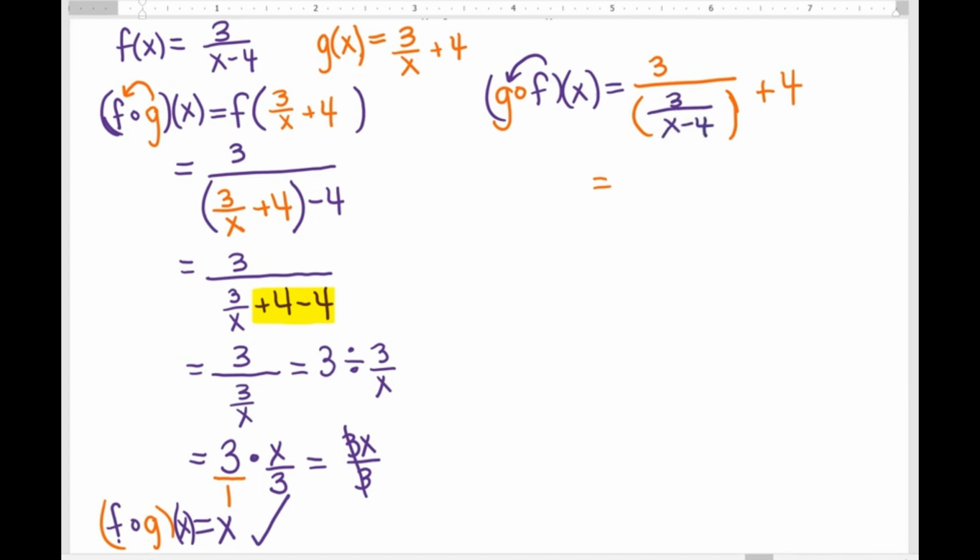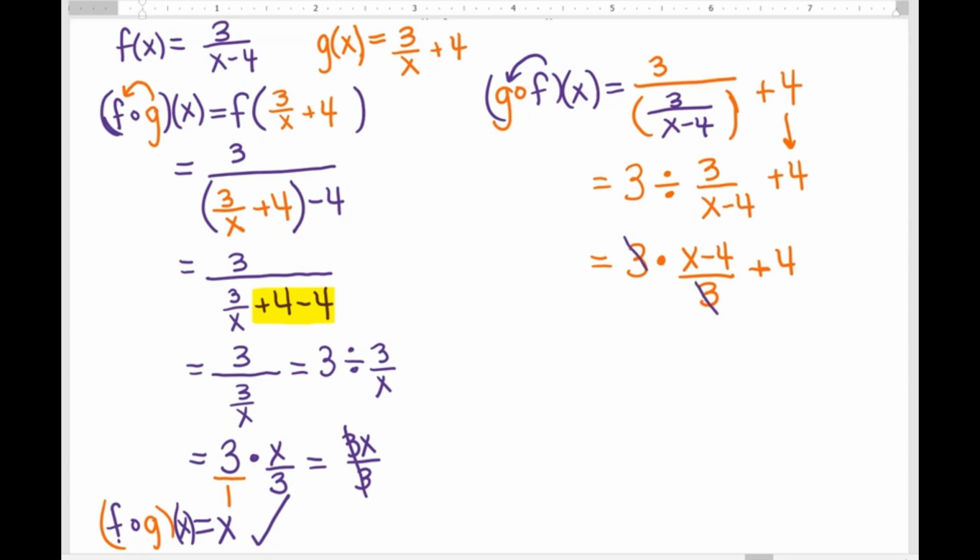Now we can't cancel the 4's right now because the one on the right in orange is big. The one in purple is small and stuck inside a denominator. But what we can do is rewrite our fraction because we have 3 divided by 3 over x minus 4, and then my plus 4 comes down, which means when we divide by the fraction, we're going to be multiplying by the reciprocal, which means that x minus 4 over 3 shows up.